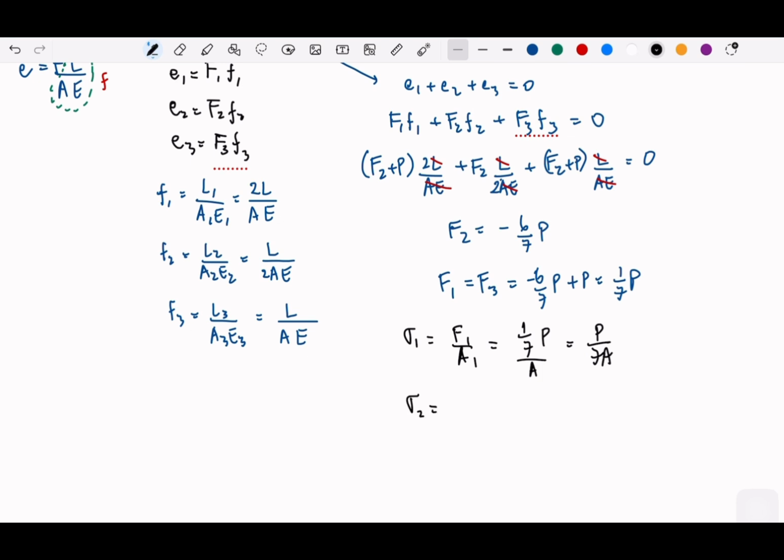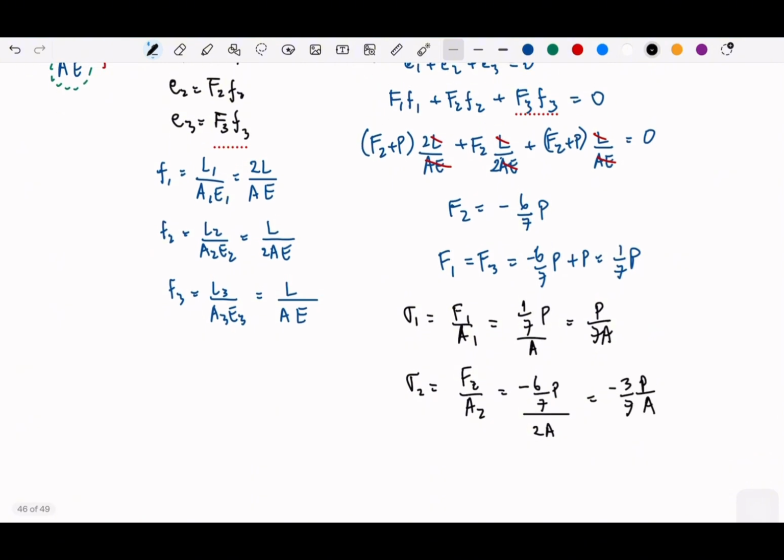Sigma 2 is F2 over A2. A2 is 2A, so this will be negative 3/7 P over A. And the same thing with the third stress, F3 over A3.